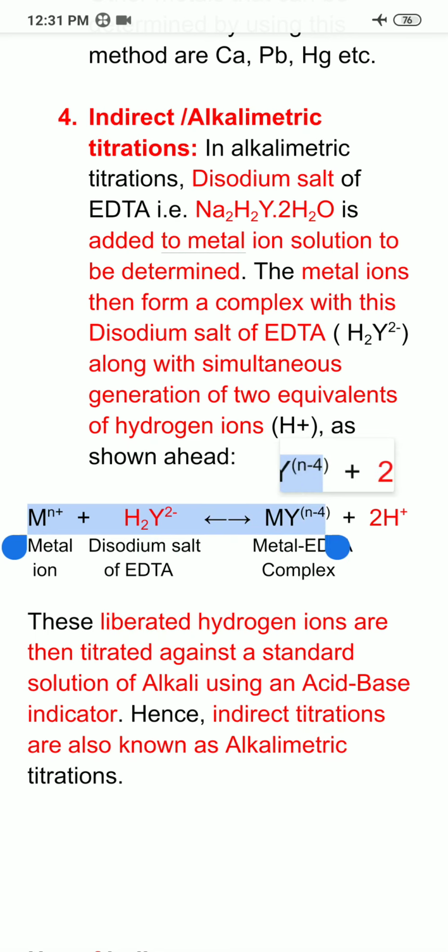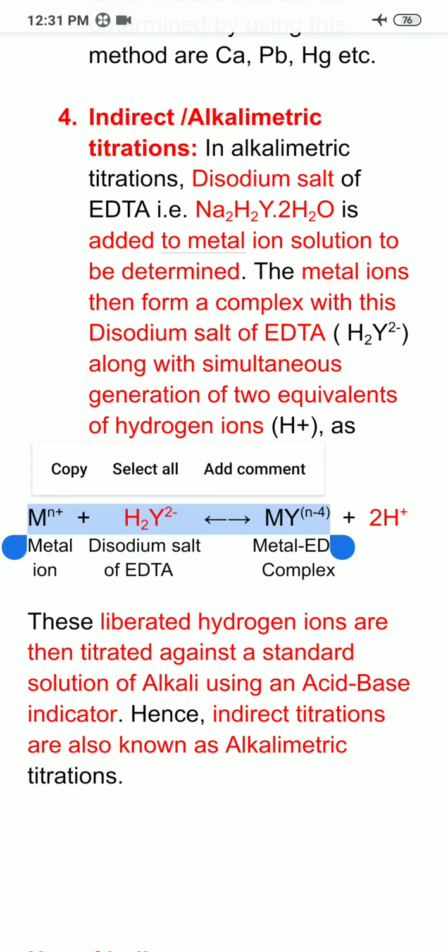Then it will form complex MY^(n-4). Please note here that n is the charge on the metal ion and 4 represents the total charge on the EDTA ion. As I told you, EDTA can lose 4 protons. So if it loses 4 protons, then we will be having 4 negative charge. So that's why we used MY^(n-4). 4 represents the charge on EDTA. So you can determine the charge on the complex formed by using the charge on the metal ion.